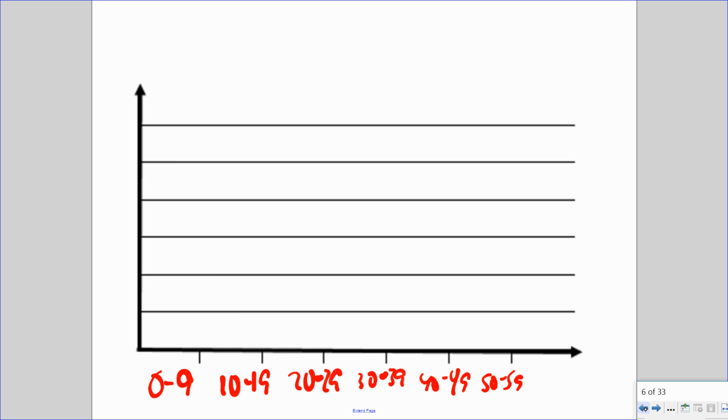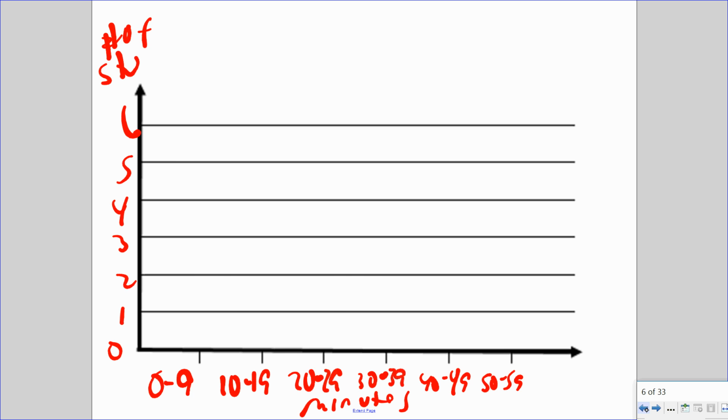So from 0 to 9, we have 0, 1, 2, 3, 4, 5, 6. These are the minutes doing homework, and these are the number of students. So from 0 to 9 minutes, we have one kid. From 10 to 19, we have one child.